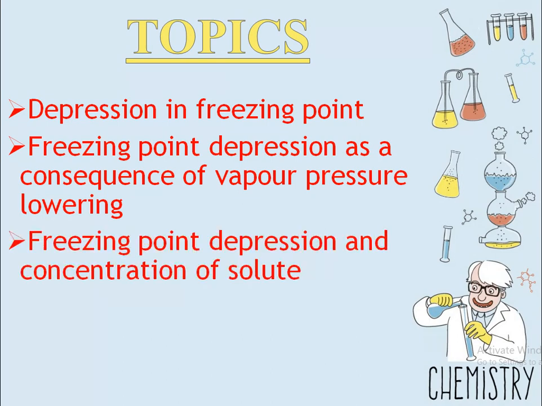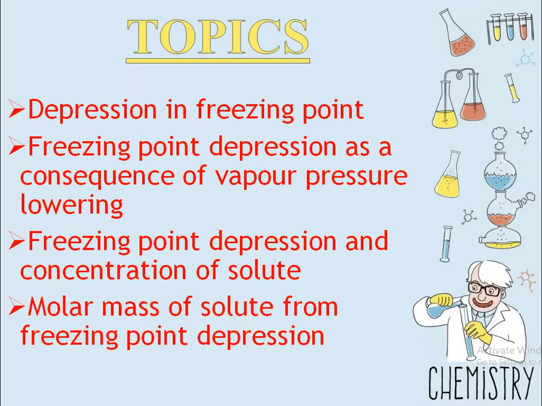Third is freezing point depression and concentration of solute. We will discuss what is the relation between freezing point depression and concentration of solute. Fourth, molar mass of solute from freezing point depression. We will come to know how we can find molar mass of solute from freezing point depression.